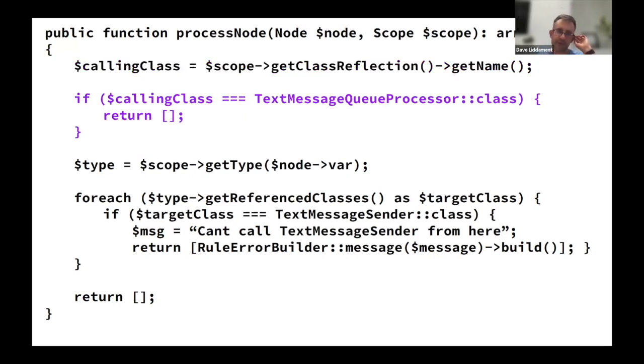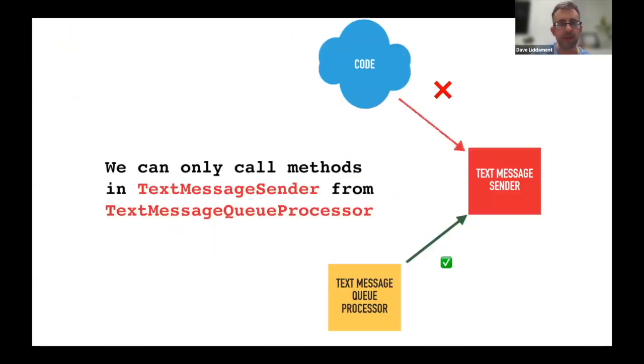And then the next thing that happens is to say if the calling class is text message queue processor, we're going to return an empty array. The reason we do that is, remember, we are allowed to call text message sender from text message queue processor, and we're not allowed to call text message sender from anywhere else.